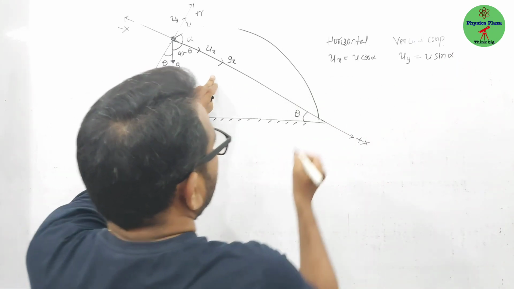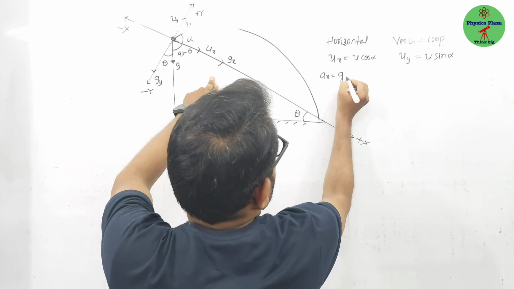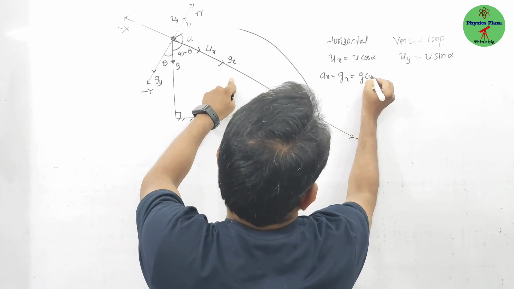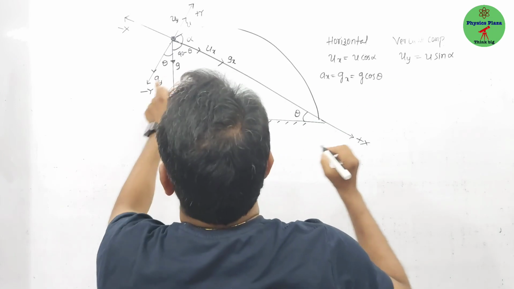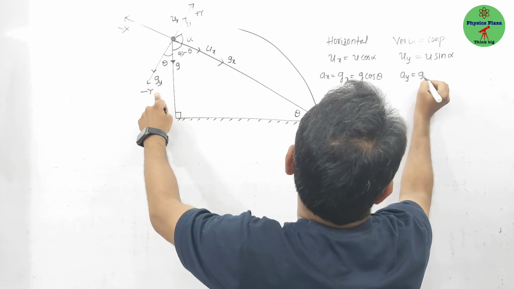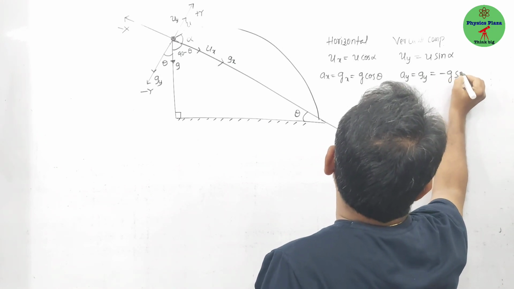When it comes to the acceleration, gx can be g cos theta, and gy is equal to minus g sin theta.